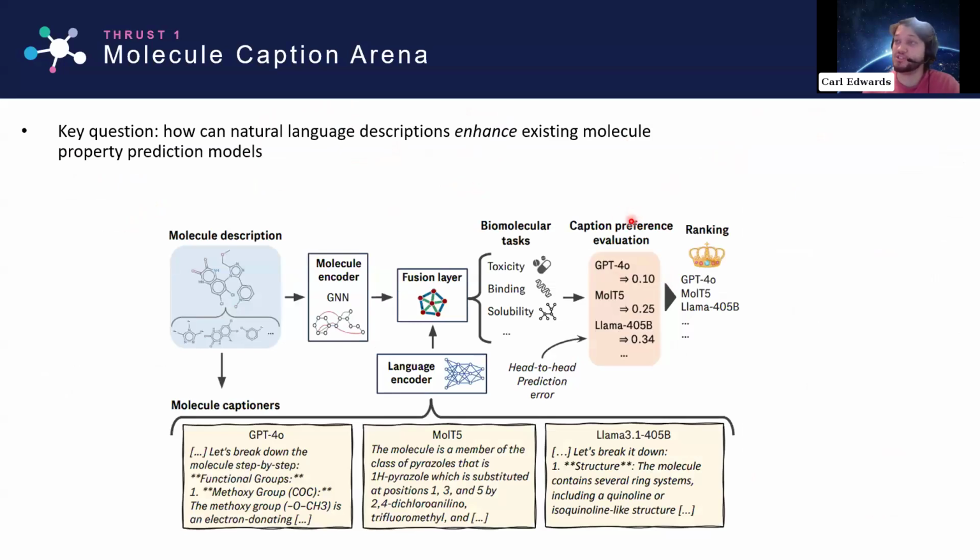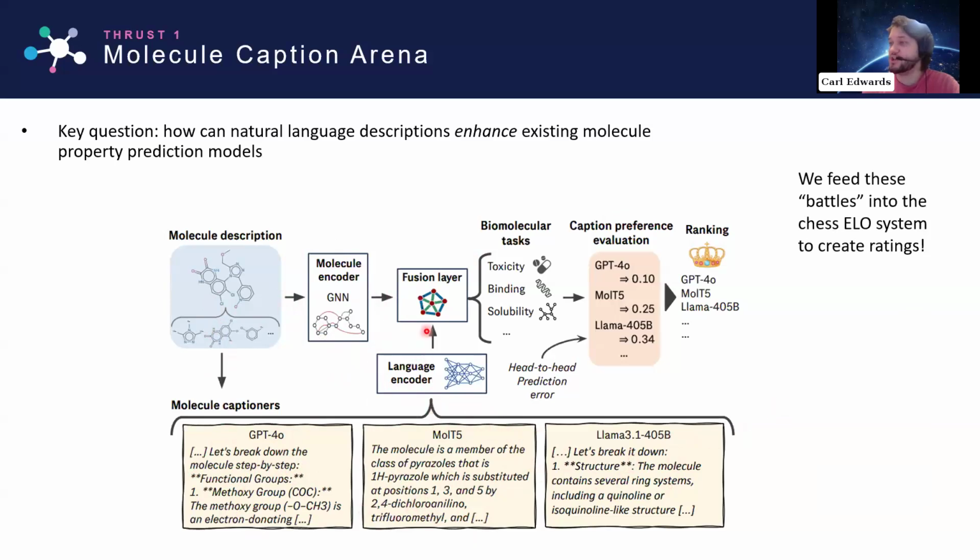And so the key question is, how do we use natural language to enhance existing molecule property prediction models? The key idea here is, okay, given a description of all these molecules, how can we improve upon a graph neural network as opposed to, say, just representing a molecule in text?